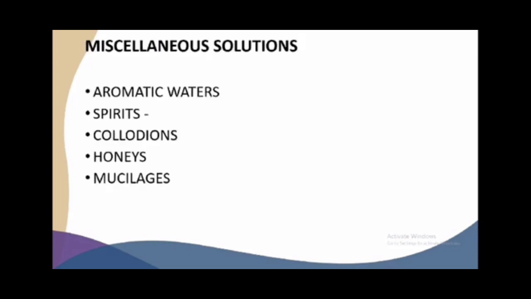Next, we have the miscellaneous solutions. Miscellaneous solutions are solutions or antibiotics which are only available in their class, meaning they are unique in their action and not comparable to other antibiotics. This involves aromatic waters, spirits, colloids, honeys, and mucilages. Aromatic waters are primarily used in perfuming and flavoring the formulation.